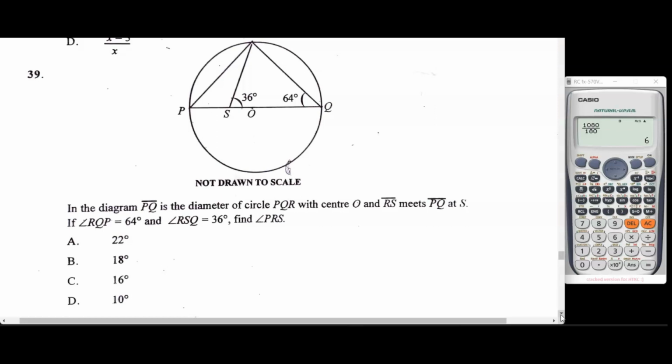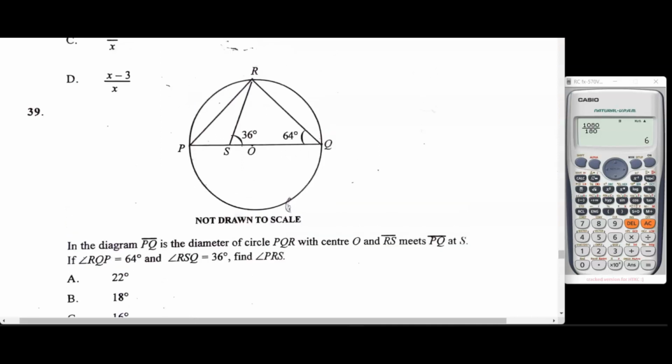That's another circle theorem question. In the diagram, PQ is a diameter of the circle PQR with center O, and the line segment RS. Let me go up a little for you to see RS.